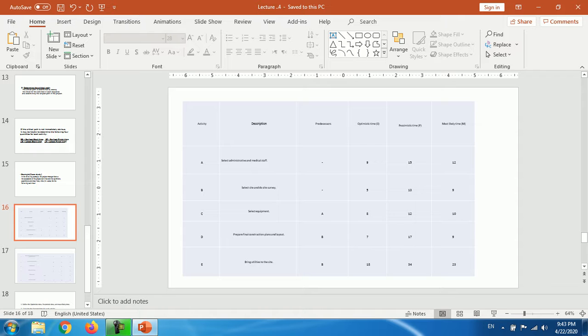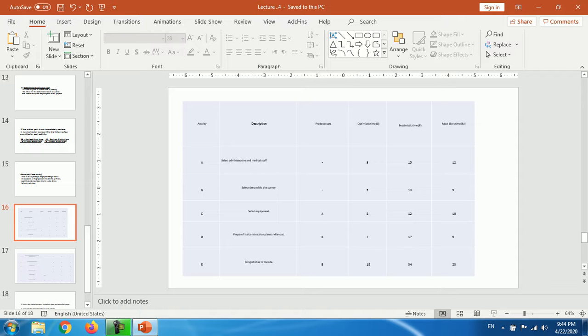Activity A. Optimistic time is 9. Pessimistic time 15. Most likely time 12. Activity B. 5, 13, 9.